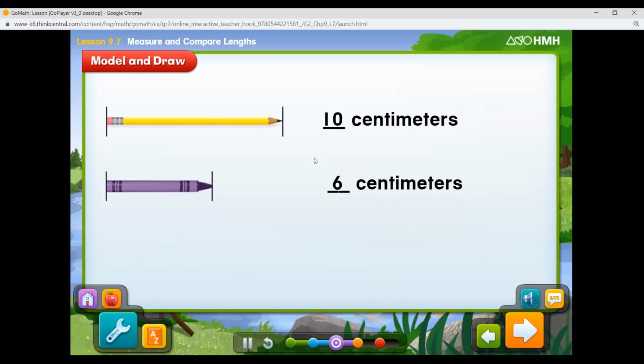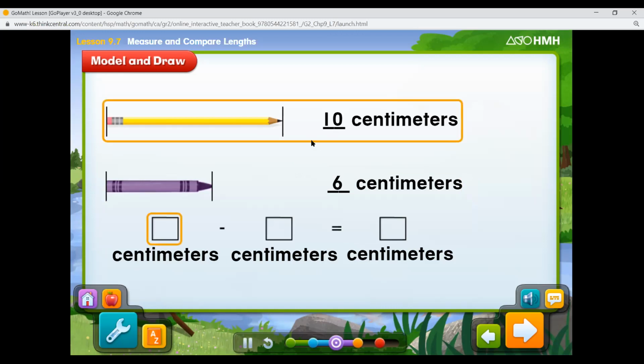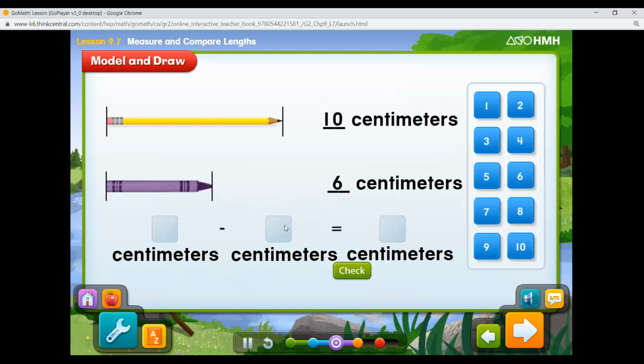How much longer is the pencil than the crayon? To find out, you can use subtraction. Place the number of centimeters for the longer object's length first. Place the number of centimeters for the shorter object's length as the number being subtracted. Drag numbers to make a number sentence about the problem.